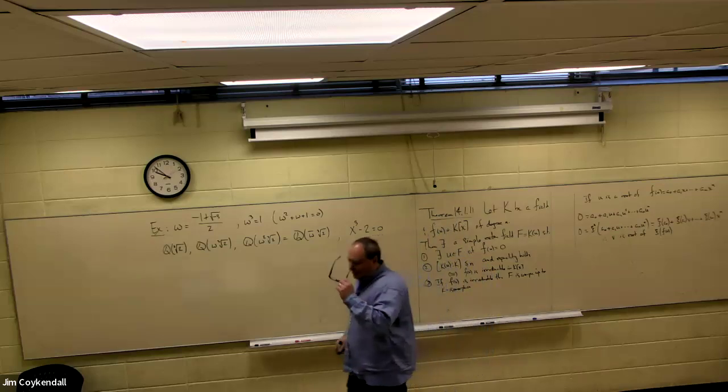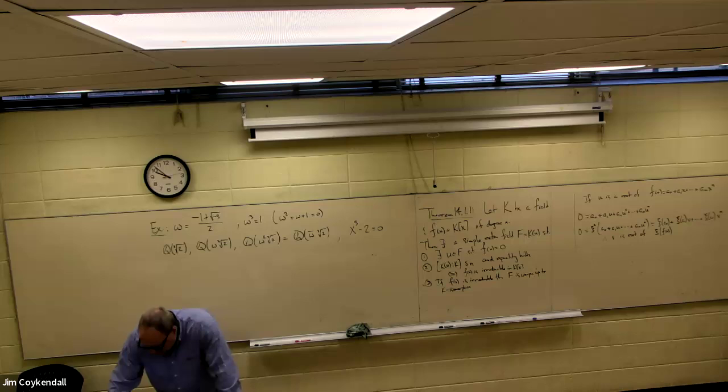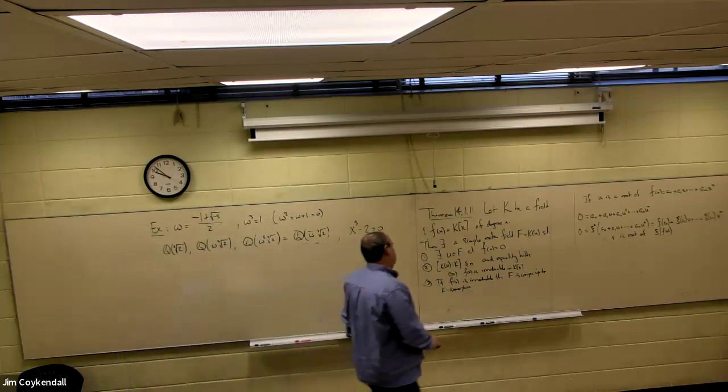That means a field isomorphism that fixes K, so any isomorphism that leaves K alone. And K(u) is called the field obtained by joining the root of f to K.